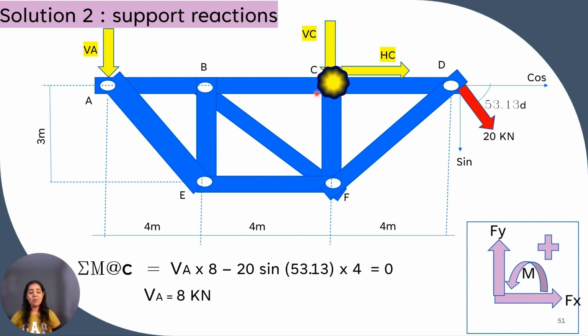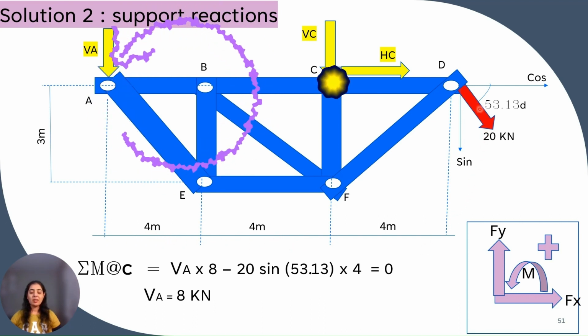So their lever arm will be 0, and these VC and HC will produce 0 moment. So these two unknowns will get eliminated. So applying summation of moment at C is equal to 0: this downward reaction VA into lever arm 8 meter.